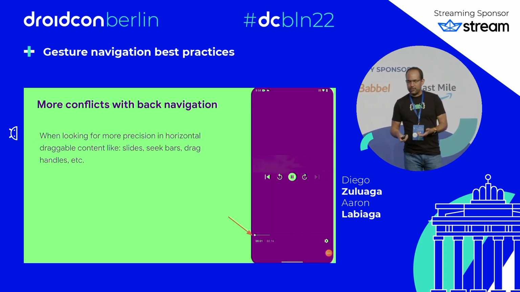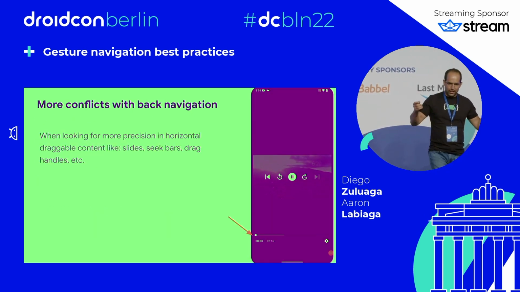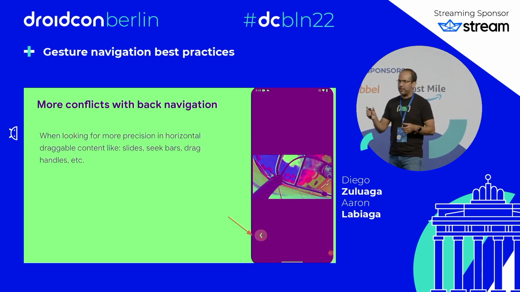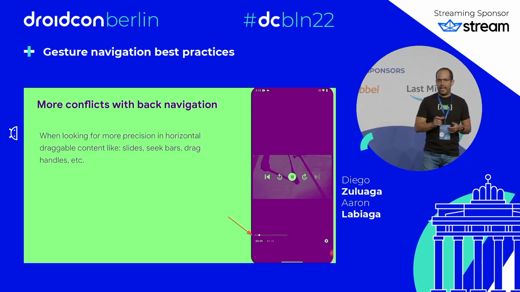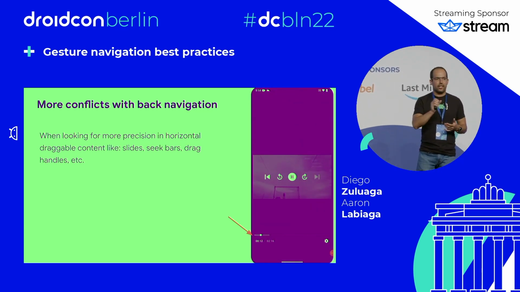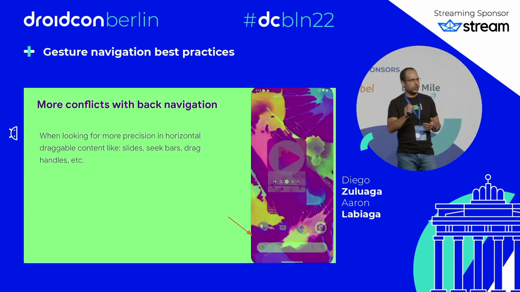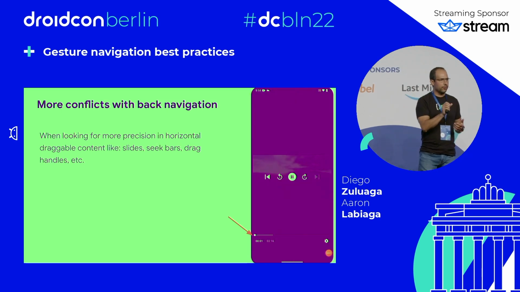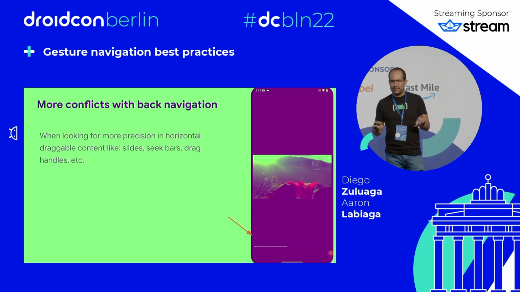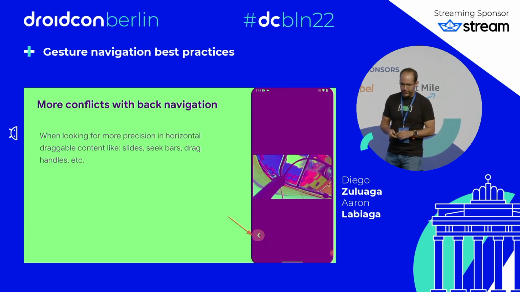The next one is very similar, when you navigate through seekers and slide bars. A typical example is that you are on streaming media, you try to skip forward or move that slider bar forward, and then you end up landing back home. That's the most common scenario.